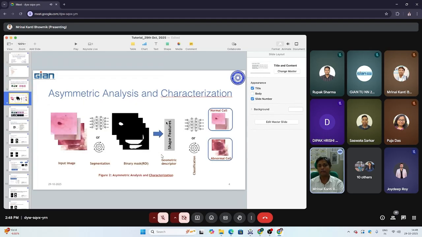Here, as an asymmetric analysis and characterization, you can see in the slide some steps shared with you: input image, segmentation, binary mask, geometric description, classification, then normal and abnormal cell. So today's motto is to describe this asymmetric analysis and characterization.